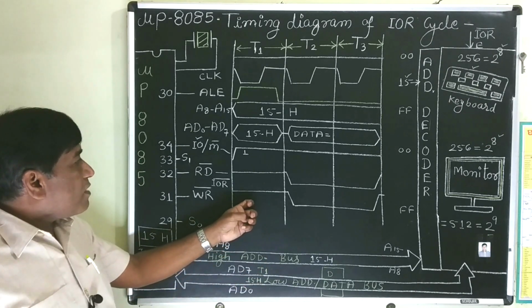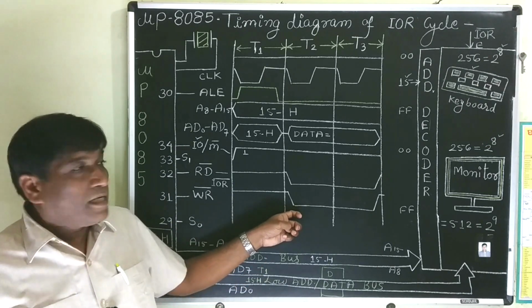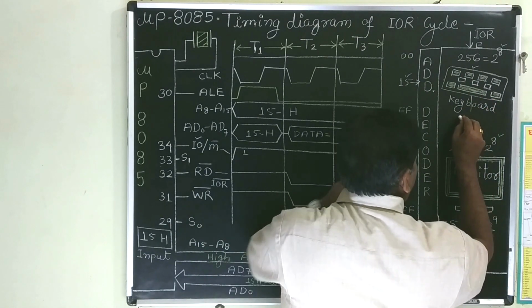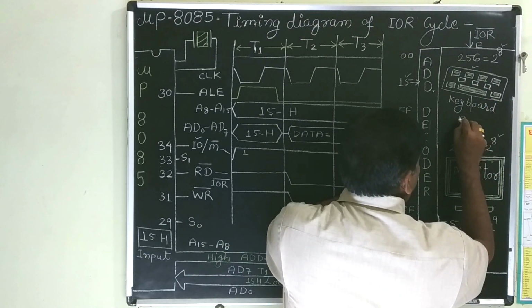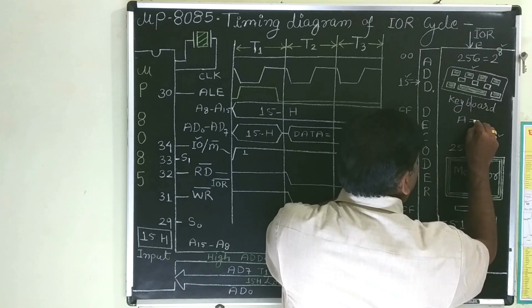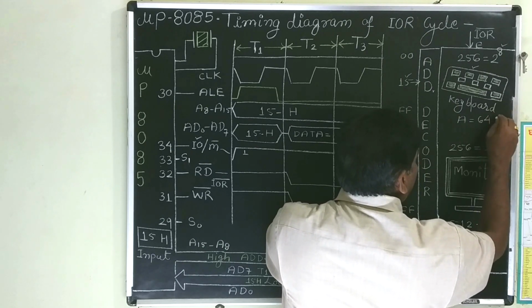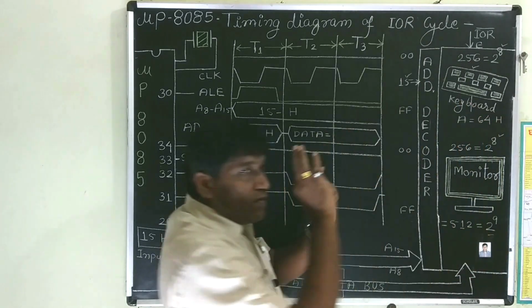Now when this signal is generated, the content of this keyboard, suppose we are pressing some key on the keyboard, suppose the A key is pressed and the A key is generating some code, say 64H. Randomly we have taken.